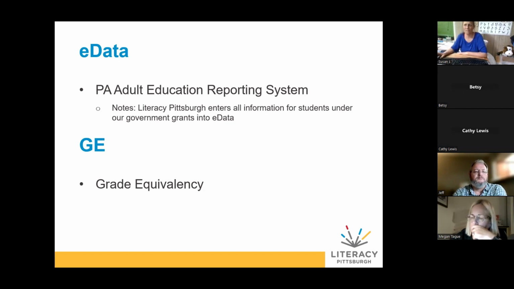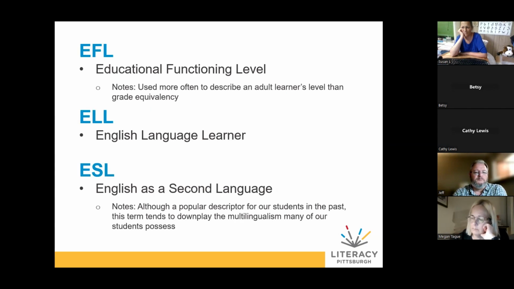So grade equivalency for reading levels, for math levels, what the average student in a certain grade would have under their belt, is the grade equivalency that is talked about when referring to students.